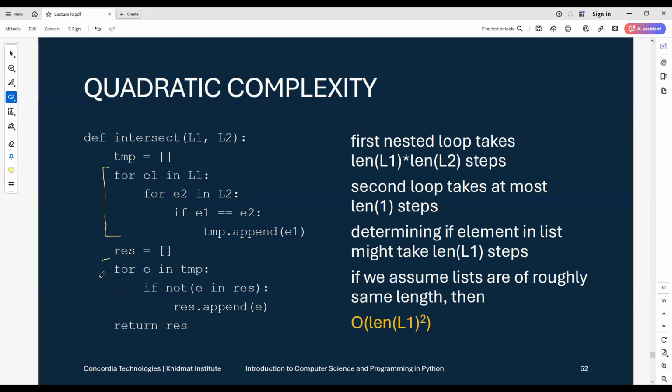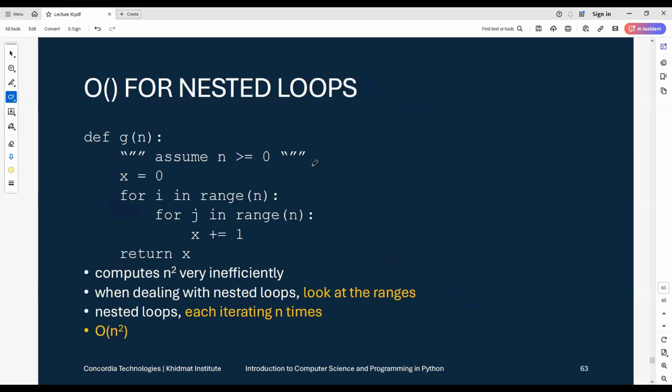The complexity of the remaining portion of the program is n, but n squared plus n, if this is the expression that represents the complexity of the algorithm, we don't have to worry about the n because n squared is the dominant term. So the complexity for this kind of implementation, which is calculating the intersection of two sets, whether one is present in the other or not, would still be quadratic complexity.